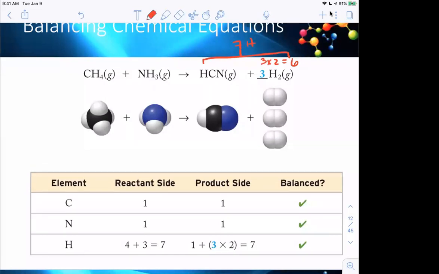So if I have 3 molecules of hydrogen and I change the coefficient from a 1 to a 3, everything ends up balanced because now I have 7 hydrogens coming in and 7 hydrogens going out. Notice by changing the coefficient for hydrogen, I did not change the number of carbons or nitrogens because those atoms were not in the formula for the H2.